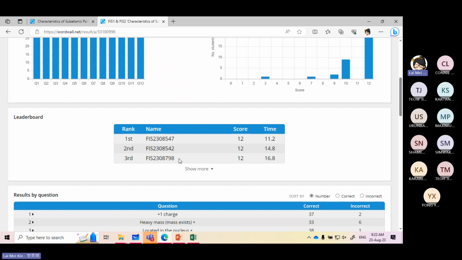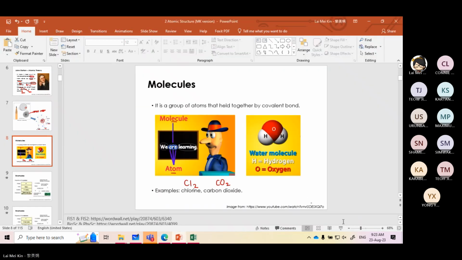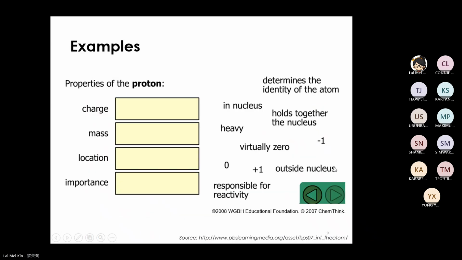Okay, let's discuss the answers. I'm putting it in the form of a game so that you can mix and match. It's about the slides. So, properties of proton. The charge of proton: proton shows a positive charge, and it's one charge.